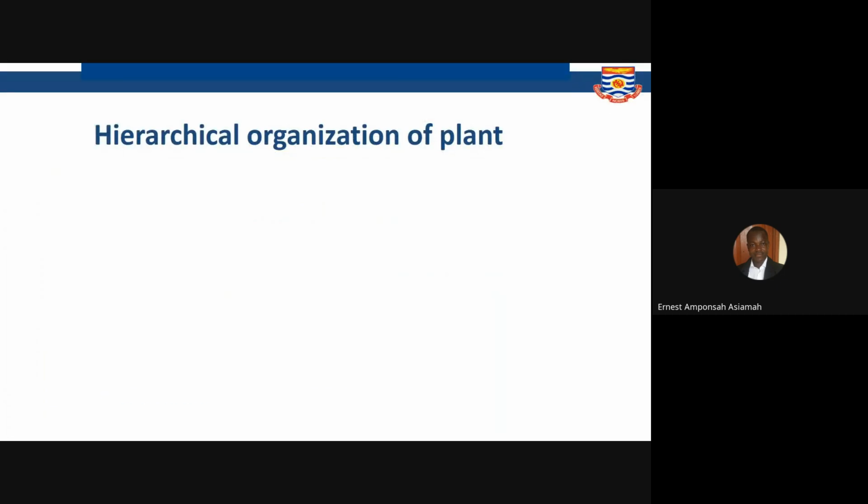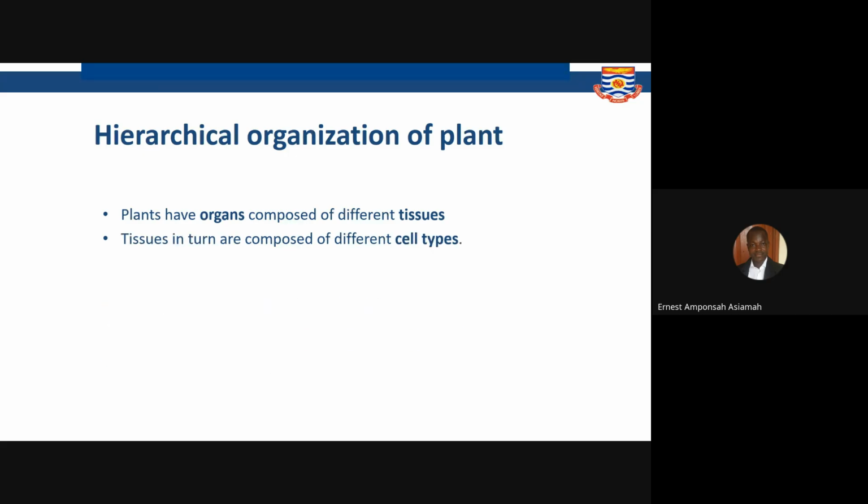First, I want you to know the organization of the plant. A plant is an organism, and just like every organism, it is made up of various organ systems. The plants have organs, and the organs are made up of different tissues, and the tissues are made up of different cells.